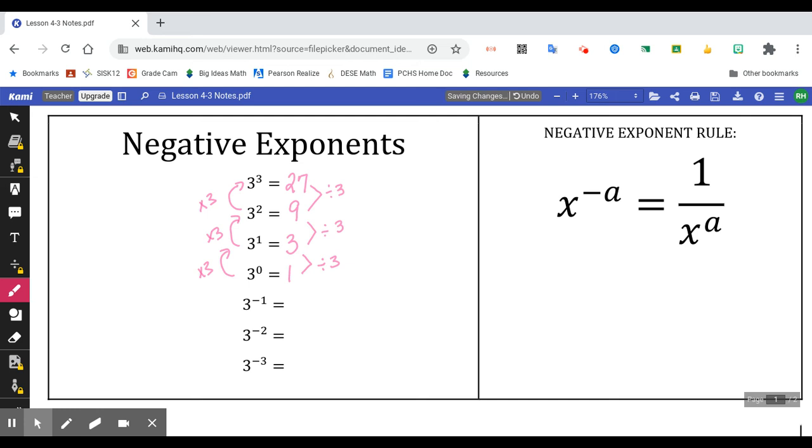So when you get to the negative exponents, this is like taking 1, which is 3 to the 0, divided by 3 to get here, right? Well, if we take 1 divided by 3, we have 1/3, or 0.3 repeating, but we're never going to use a decimal. So in this section, it would be 1/3.